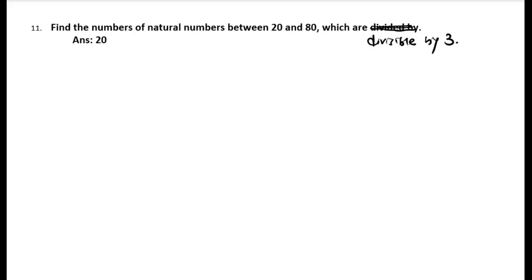Now the natural numbers which are bigger than 20 and divisible by 3: which is the first natural number which is divisible by 3 and bigger than 20?